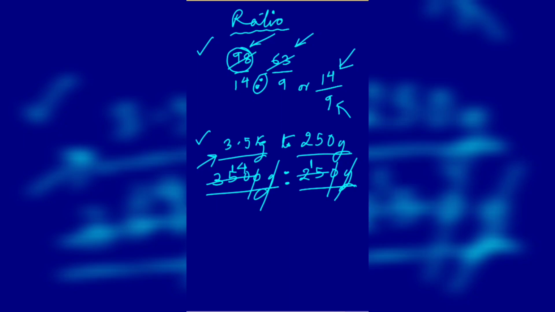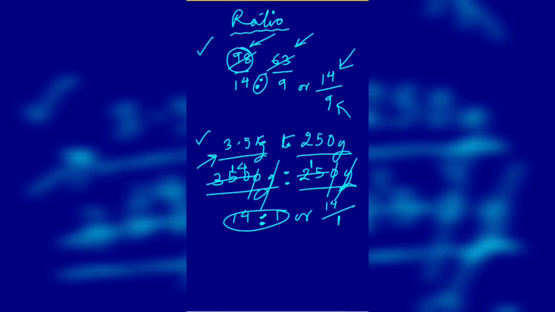So what I got? 14 is to 1, or in fraction we can write 14 by 1. So this is the ratio in simplest form. It has no unit. See, units get cancelled, so it has no unit. Order is important. 14 is to 1 is not the same as 1 is to 14. So that order is important.